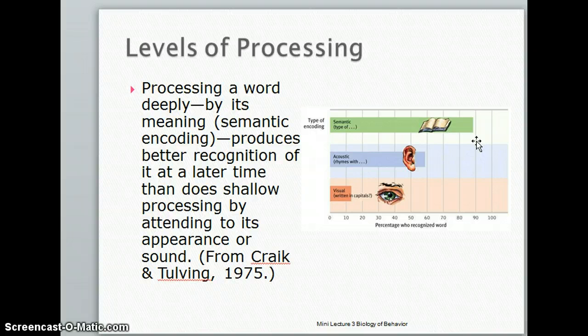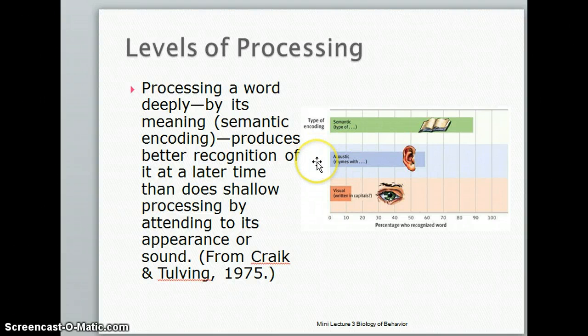So anything that we can do to make new information personally meaningful, such as understanding the meanings of the words or tying that information to something we already understand and know, or how it relates to our own experience and our own lives, are semantic encoding strategies that would increase the chances that at a later time we'll remember that information if we'd encoded and stored it in that format.